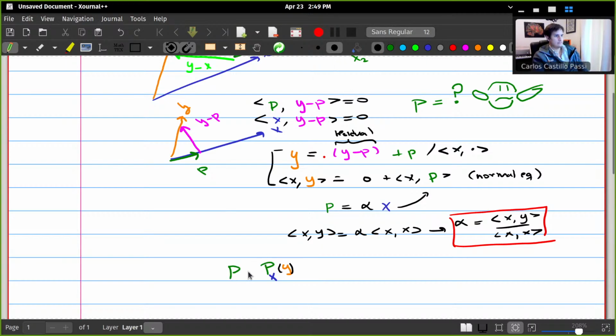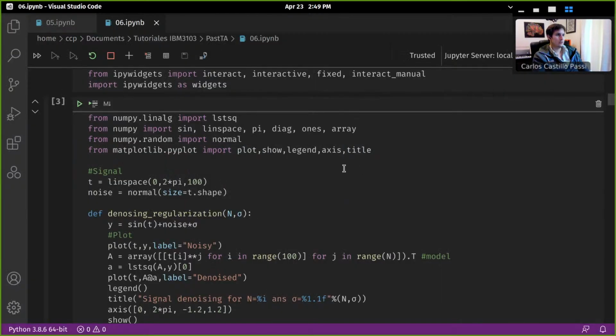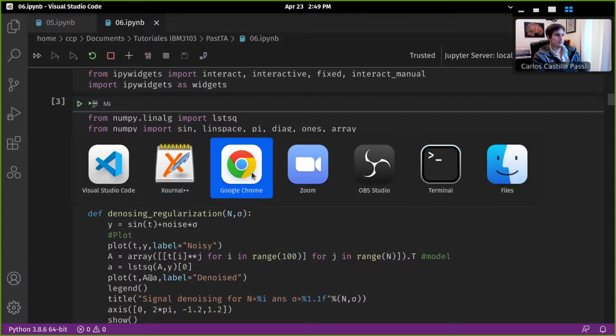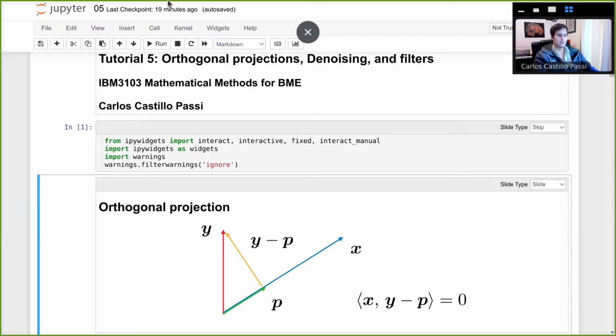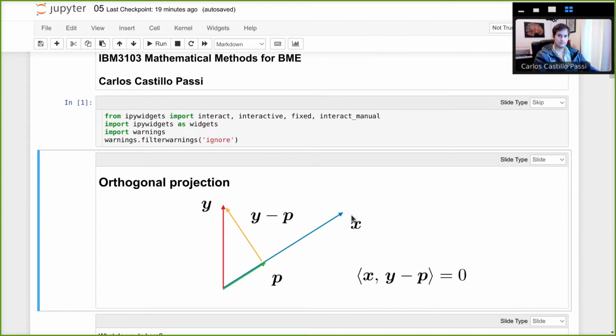Carlos, in the homework they asked us a very similar question, and do we have to prove it, or is it okay just to write the formula of the projection? Let me see the question. I don't have the homework here, but I remember it was like, what is the projection of the vector on the basis?